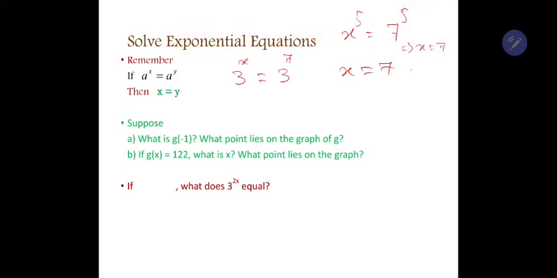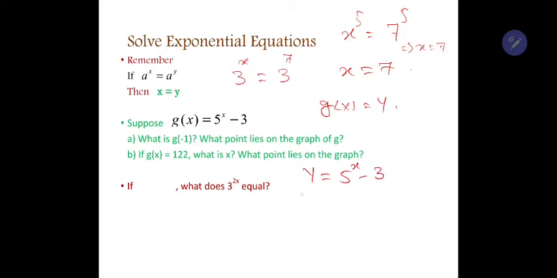This is a very interesting question. Let's say we have a function g of x equals 5 to the power x minus 3. The first part of the question is what is g of minus 1 and what point lies on the graph of g. To solve this, since you know that g of x is actually y, so we can say that y equals 5 to the power x minus 3.